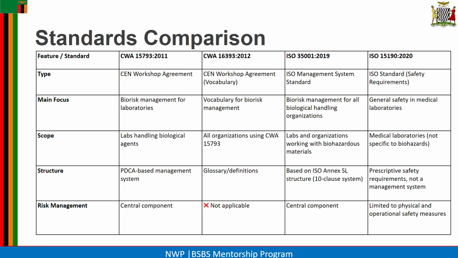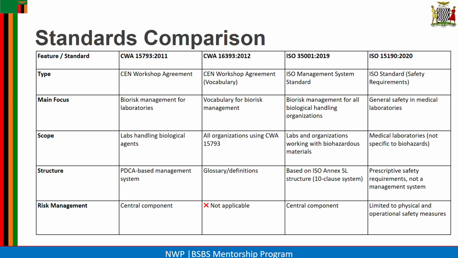So we have the CWA 15793 in column 2, 16393 in column 3, 35001 in column 4, as well as 15190 in the last column, while what we're comparing them to is in the first column. So let's look at the type. What type of standard is 15793? 15793 and 16393 are both CWA standards, that is, the same workshop agreement type of standards.